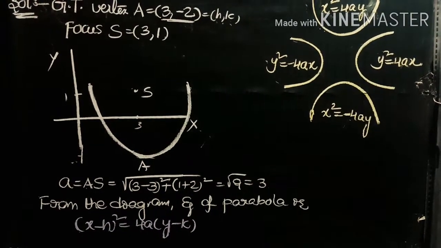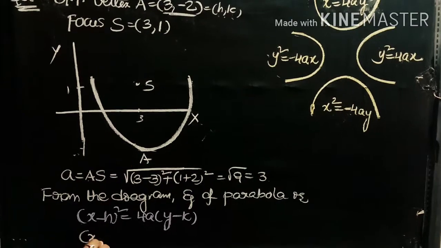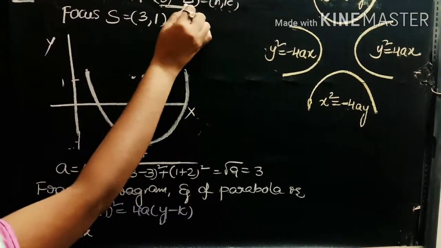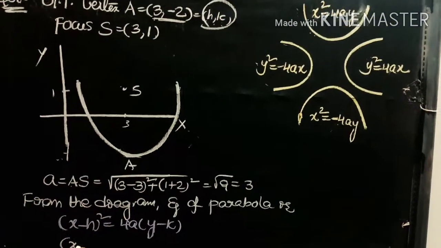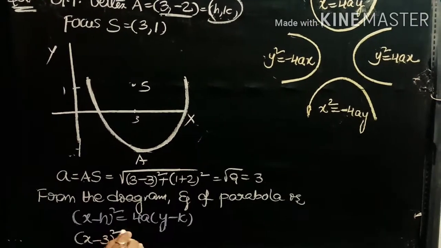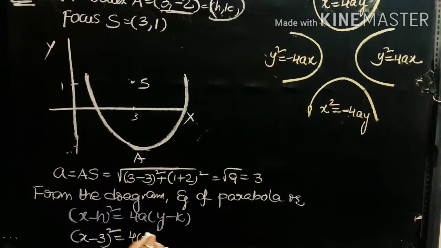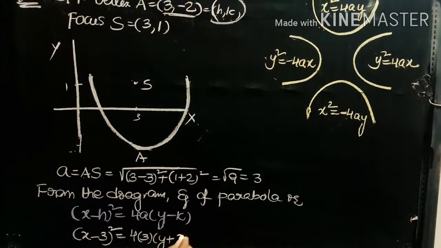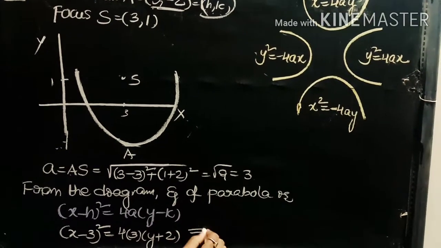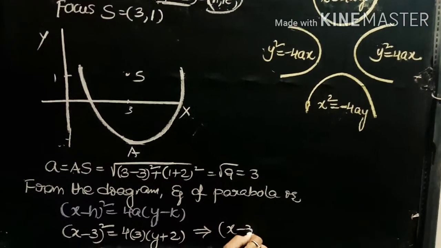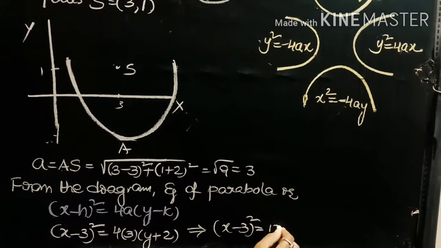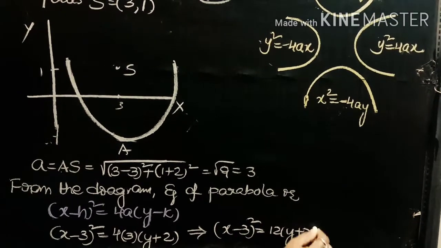Now replacing the values, the vertex is (3, -2), which is (h, k). That is (x minus 3) whole square is equal to 4 into the a value 3 into (y plus 2). Therefore the answer is (x minus 3) whole square is equal to 12 into (y plus 2). That is the required answer.